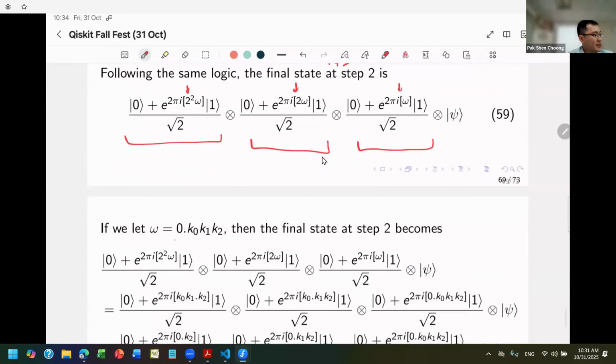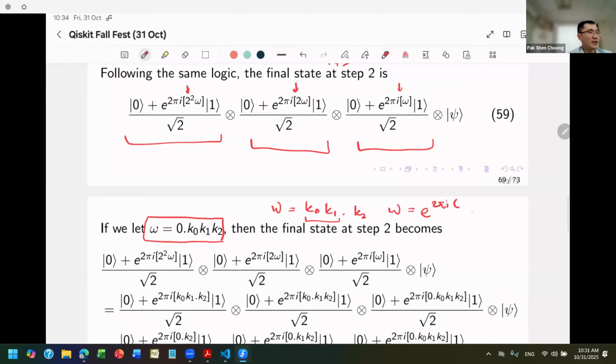So now here's something that you can assume arbitrarily. Omega equals 0.k0, k1, k2. The reason why omega cannot be something like this is because when your k0 and k1 are integers, remember that your omega has 2 pi i in front.